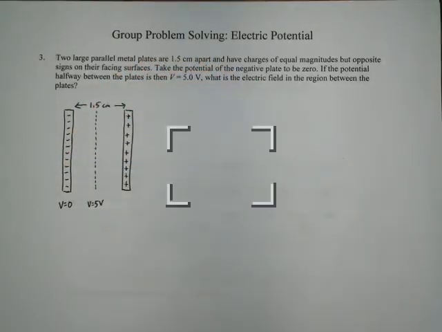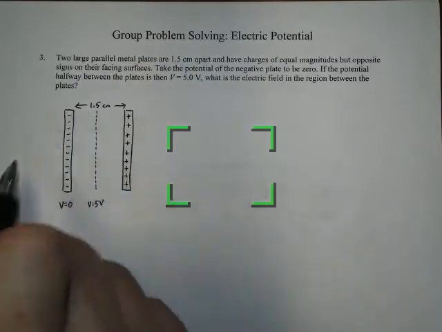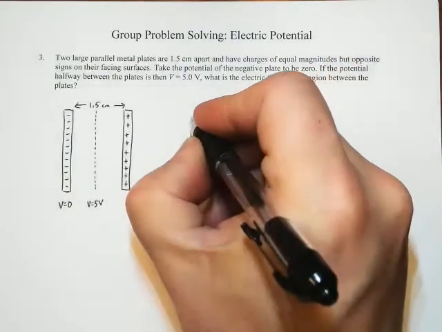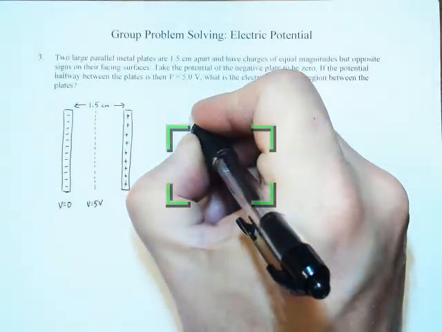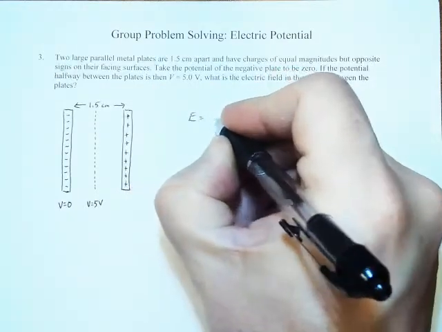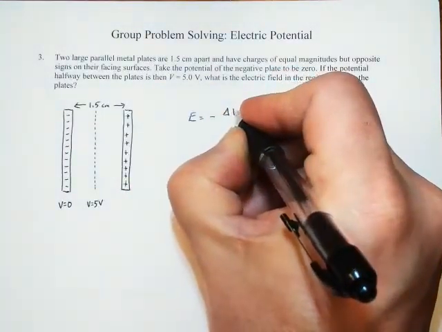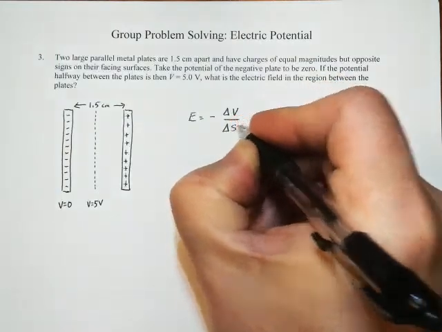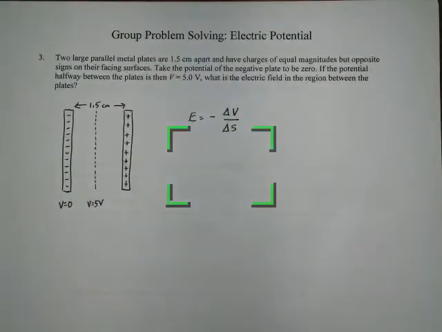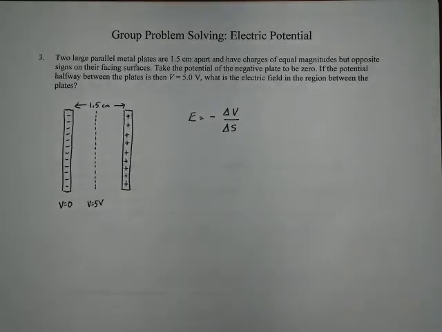So there's a couple of ways I could proceed here. First of all, I'll just proceed with the given information. The piece that connects the electric field and the change in electric potential is that the electric field is equal to the negative of the change in potential over the change in position as you move along some path within that region.